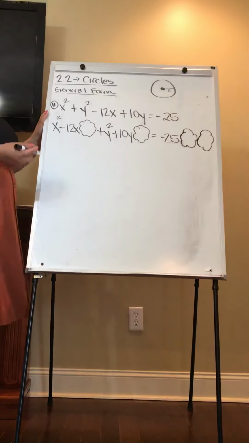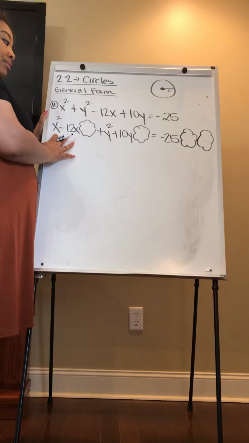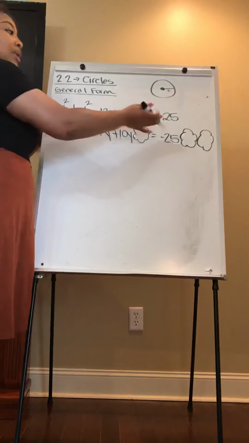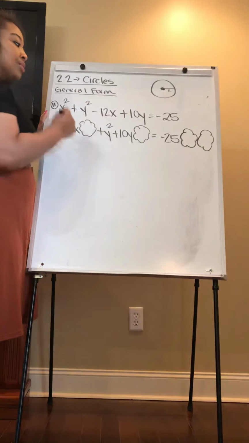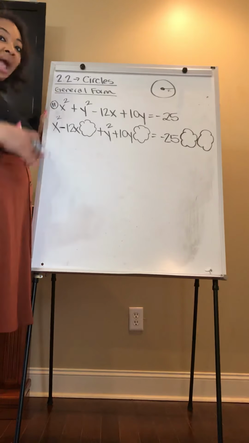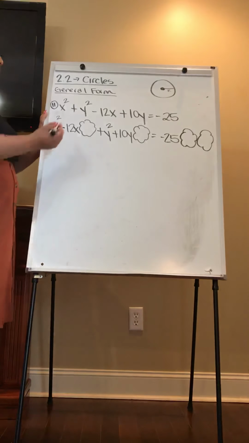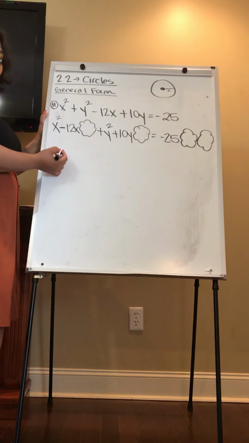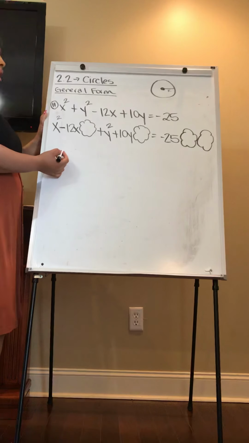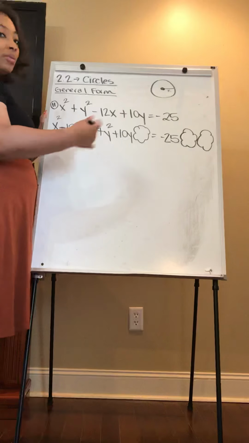So now I'm going to take half of the middle, square it to put on both sides. Now I did not say this on the last example, but you do not use the signs when you do half squared, because my bubbles are going to always be positive. That sign has to be in that parenthesis though, okay? But right now, all my bubbles are positive.